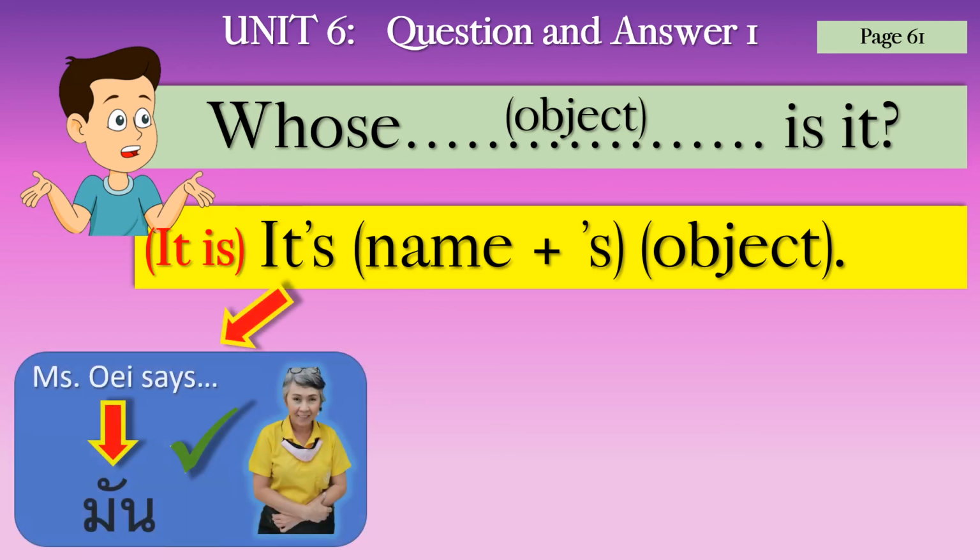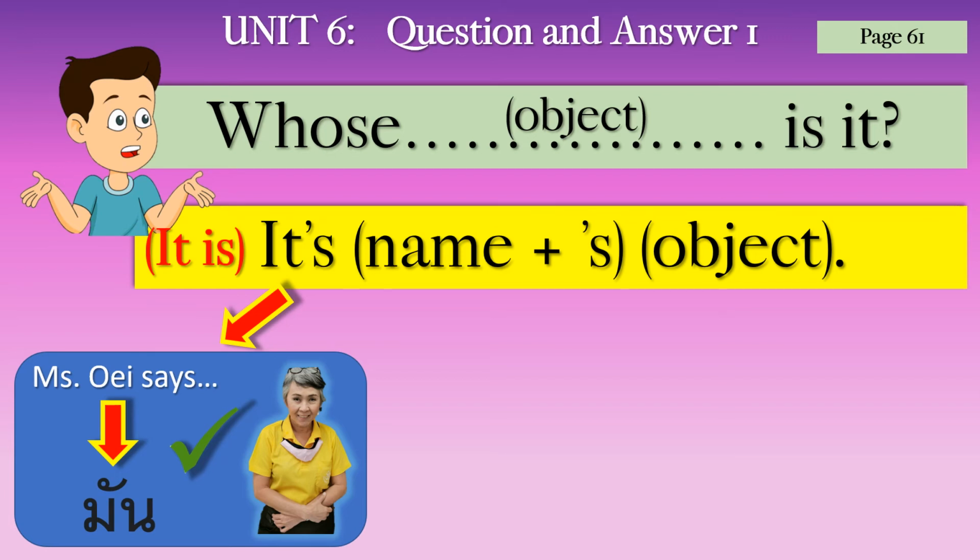Here is Miss Oy to tell us what the word "it" means in Thai. It means "มัน". Now why do we say it? We use it at the start of the answer to replace the name of the object. Let me show you. Whose lunchbox is it? The lunchbox is Rosa's lunchbox.